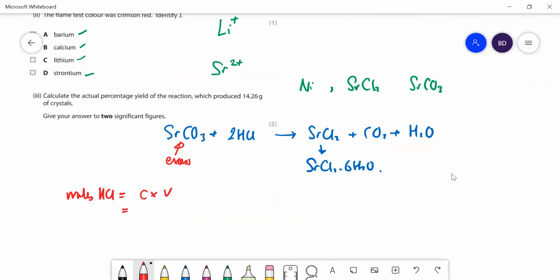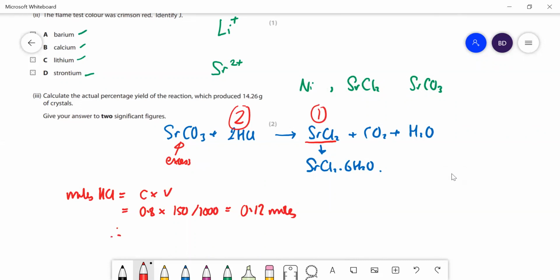The concentration was 0.8, and we added 150 centimeters cubed of that to the carbonate. That was the limiting reagent. That gave us 0.12 moles. How many moles of strontium chloride would that give us? Well, it's a 2 moles to 1 mole ratio.